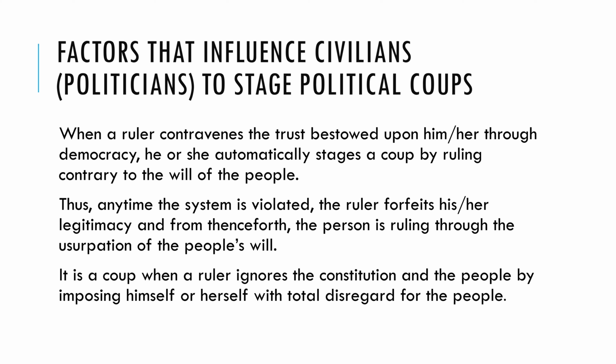When a ruler contravenes the trust bestowed upon him or her through democracy, he or she automatically stages a coup by ruling contrary to the will of the people. Thus, anytime the system is violated, the ruler forfeits his or her legitimacy, and from thenceforth, the person is ruling through the usurpation of the people's will. And that is a violation of democracy.